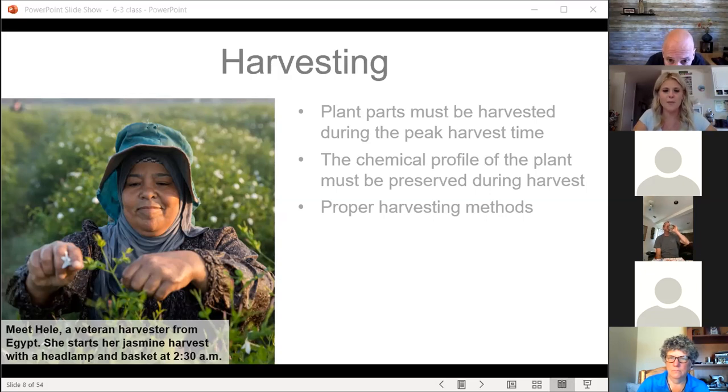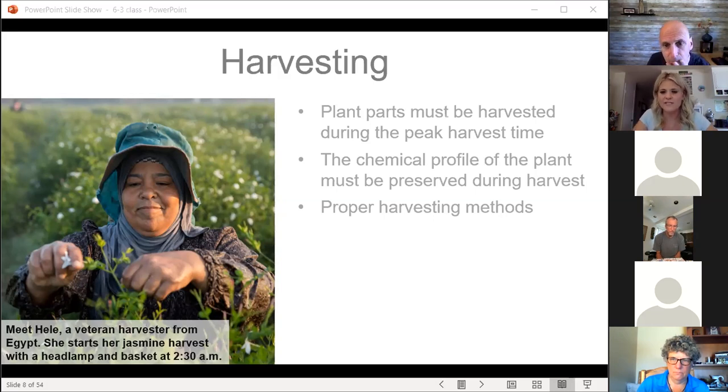Once that proper harvest time has been determined, harvesting plants and getting them ready for preparation is typically a very labor-intensive process that requires very particular techniques. The plant parts can be removed by hand with or without the use of a tool.